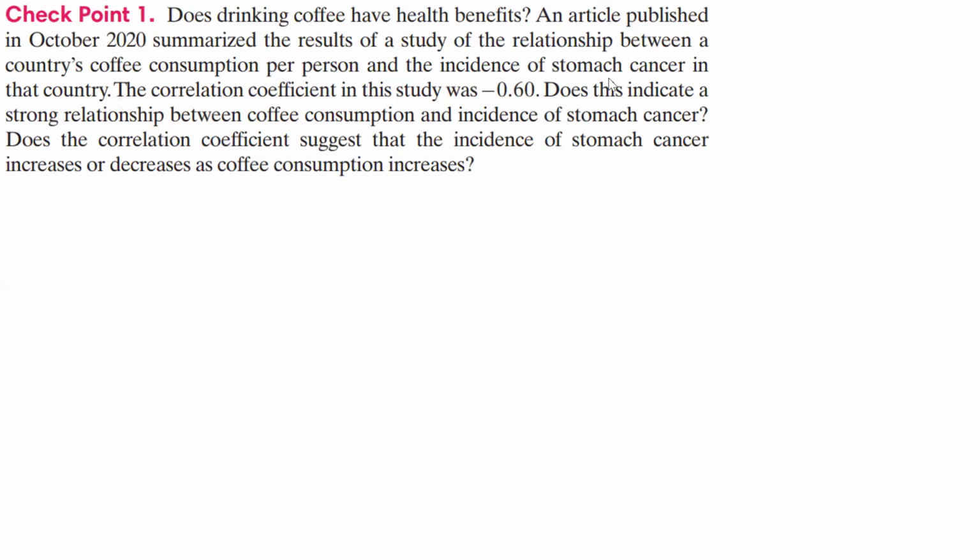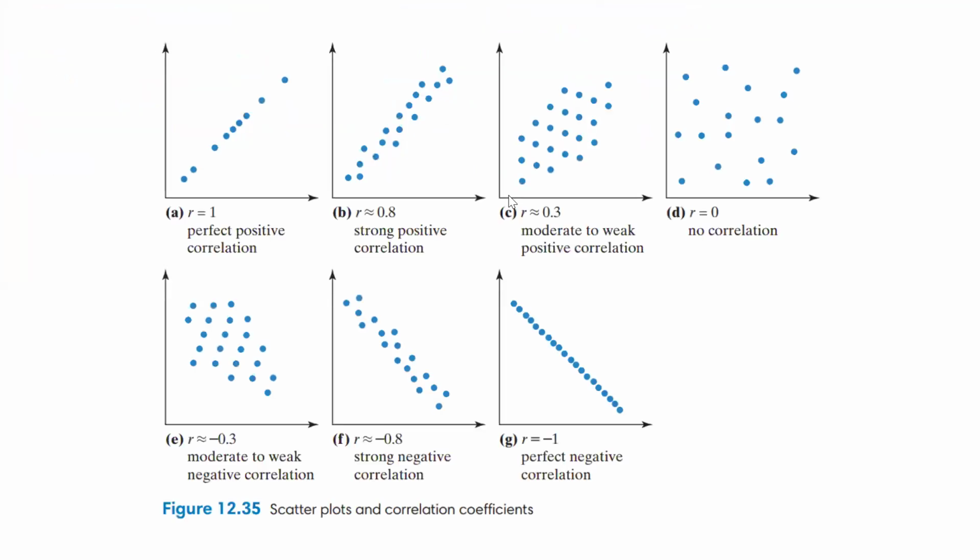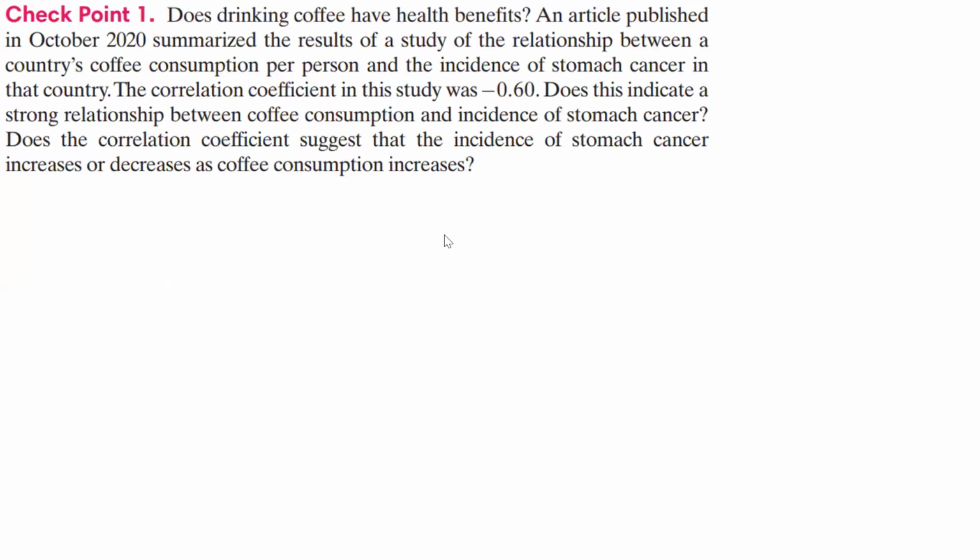Well, negative 0.6, so let's go back to our pictures of our graphs. It's going to be somewhere in between here. It's not strong, but it's down to moderate. So with negative 0.6, let's call it a moderate relationship. It's not super strong, but it's not super weak either. It's kind of right in the middle, because it's between 0 and -1.